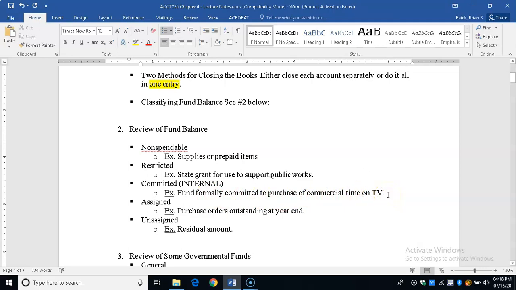This is somebody on the inside, like the chief marketing officer. Restricted means somebody external, somebody on the outside, is telling you that you have to spend money for a certain purpose. If you accept state grant money, maybe that money must be used for public works. Somebody on the outside is telling you how you have to spend a certain amount of money.